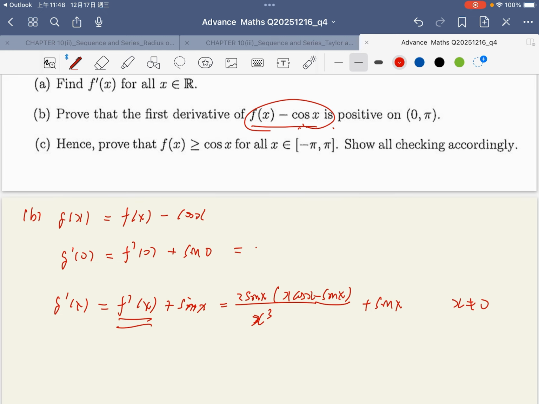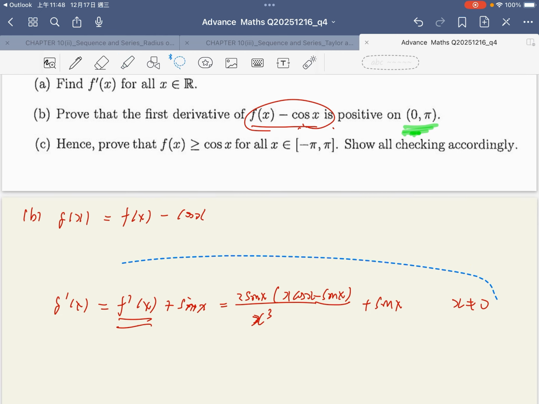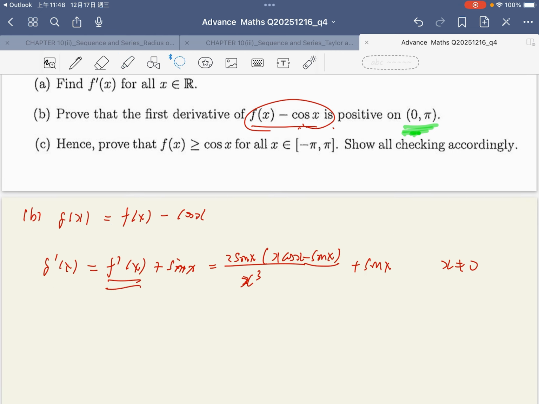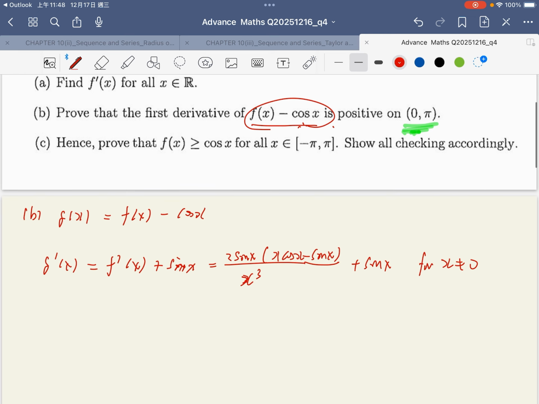Oh, sorry, no need to do that, because the domain does not include the point 0. We only need to finish the task for x not equal to 0.